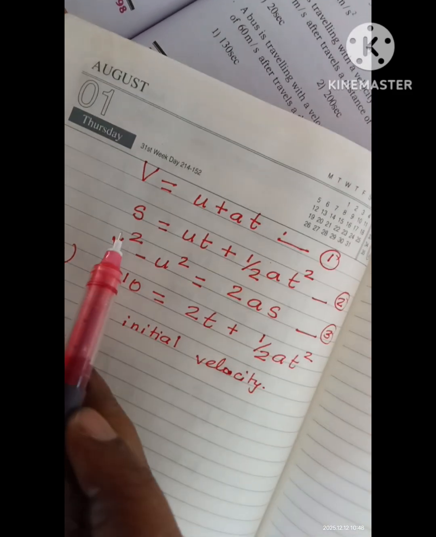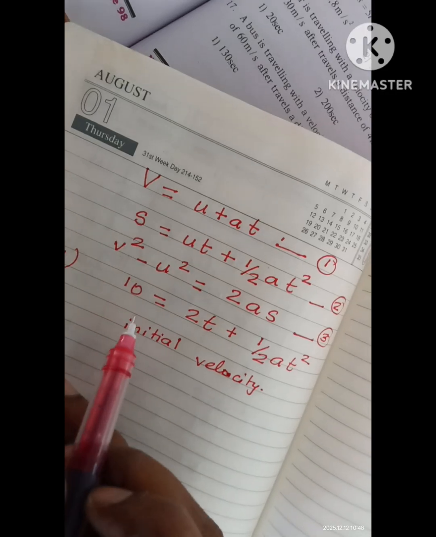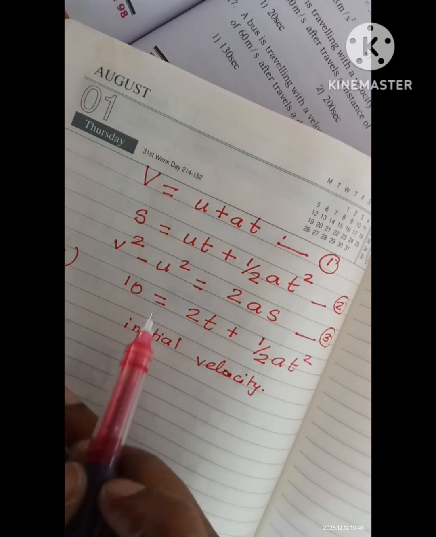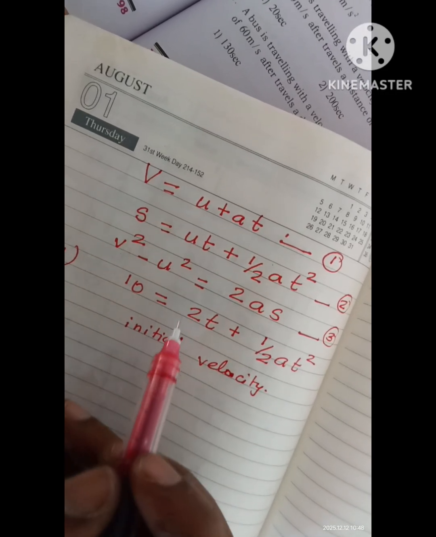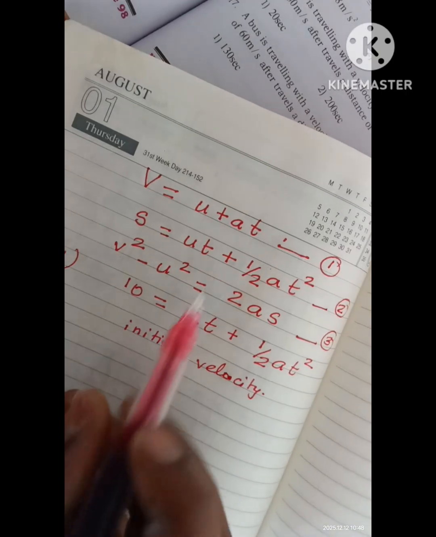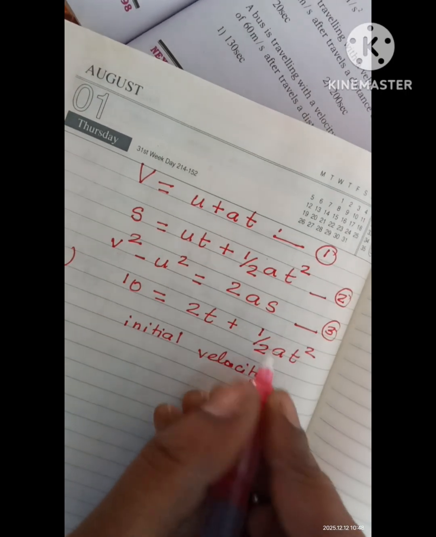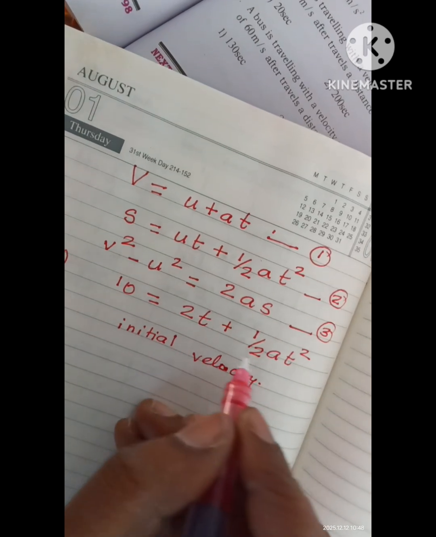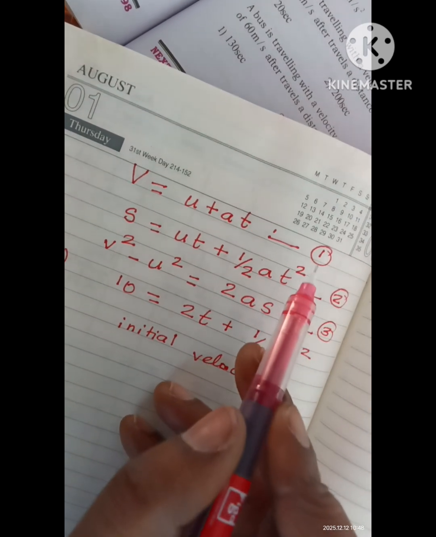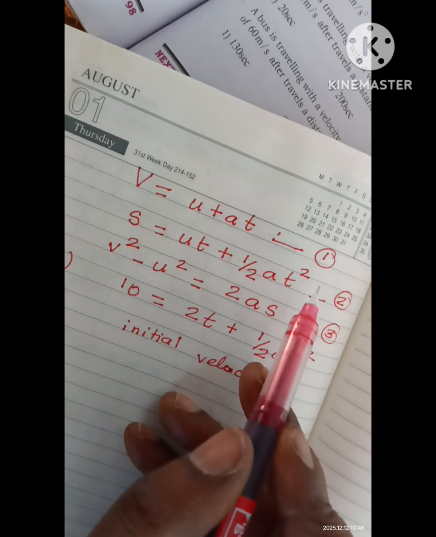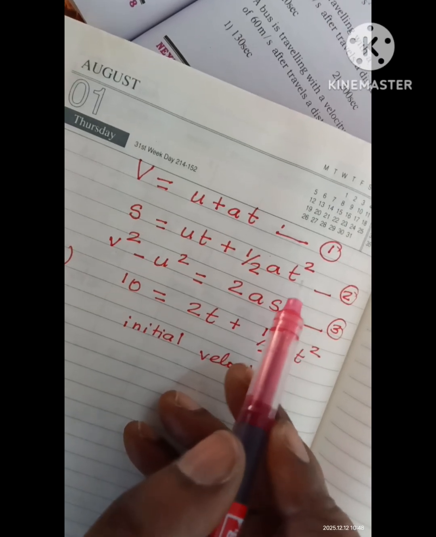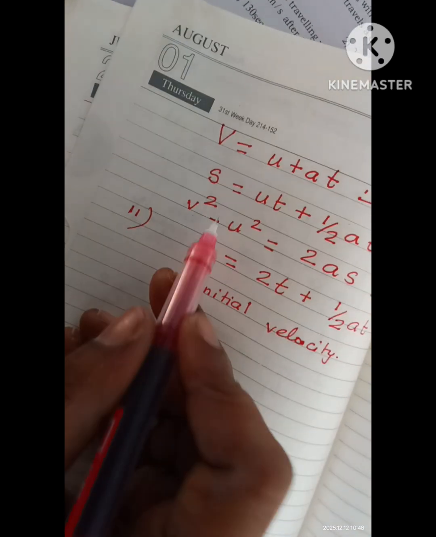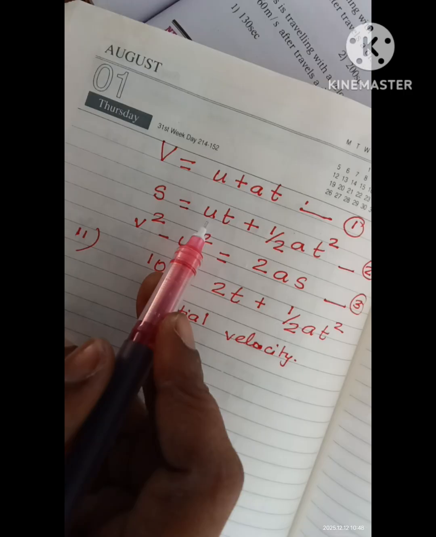Yes, second one. See, 10 equal ut, here 2t plus half at square. So this equation is in the format of second equation of motion, right? So in second equation of motion, u represents initial velocity.